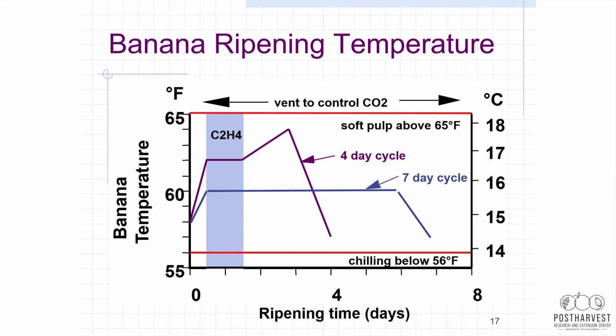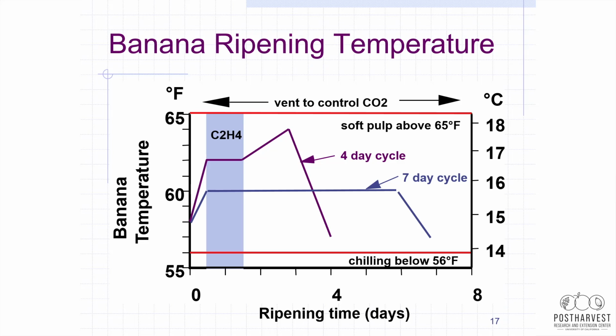We have roughly a 24-hour treatment of ethylene, but the fruit have been treated at 2 different temperatures. This would be a short cycle in which you are ripening the fruit, and the fruit will be ripe much quicker than if the fruit are ripened at a lower temperature.